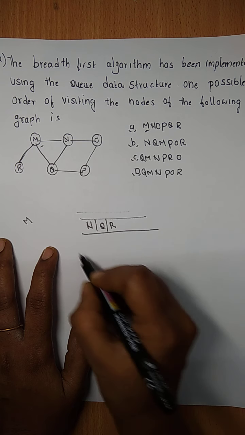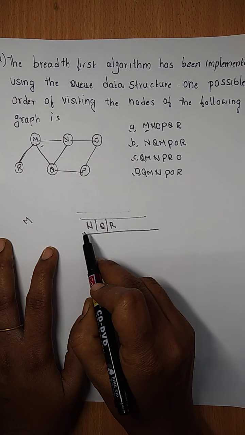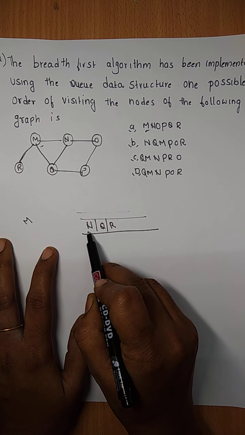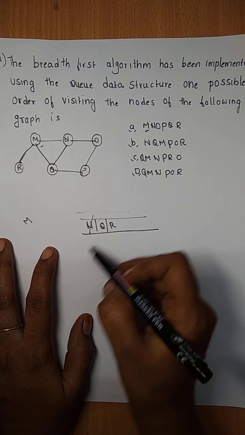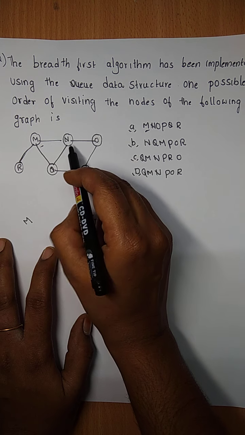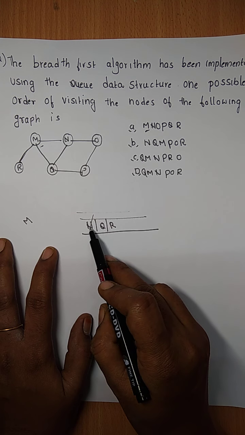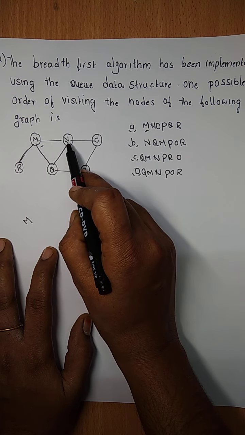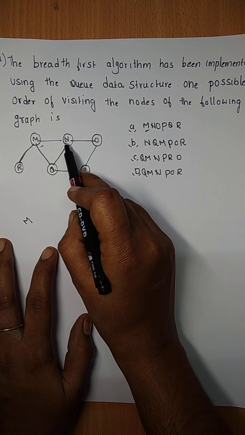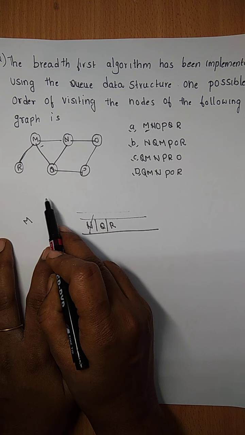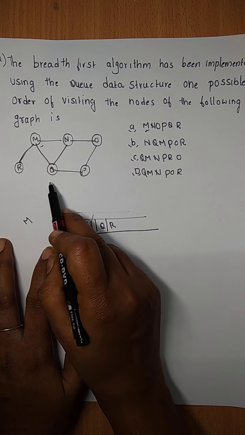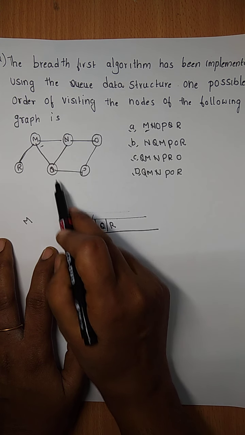Next, we select the element at the front of the queue, remove it from the queue, and again insert the non-visited adjacent vertices of this N into the queue. What are the adjacent non-visited vertices of N? M is already visited, and Q is already in the queue.